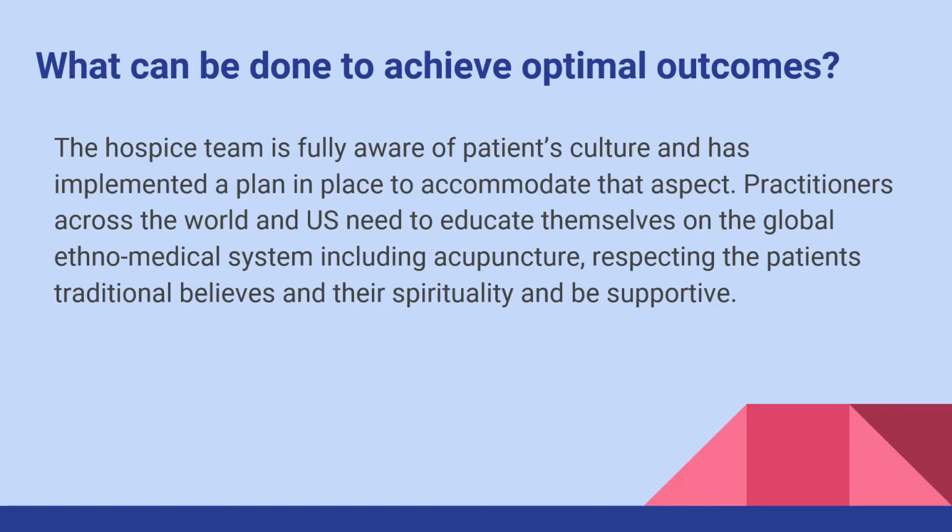And hospice is going to come in PRN with conventional medicine when his treatment fails, so the patient has a choice and it's open to him whenever he thinks that his treatment is not responding to his condition anymore. Hospice is there to help him. So practitioners across the world and US need to educate themselves on the global ethno-medical system, including acupuncture, respecting the patient's traditional beliefs and their spirituality.